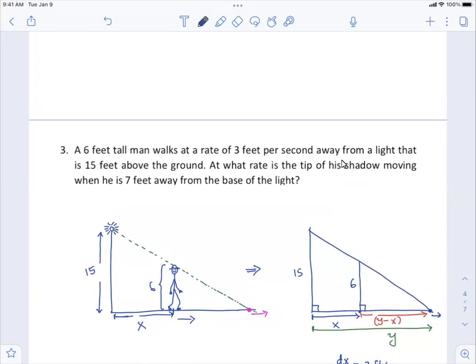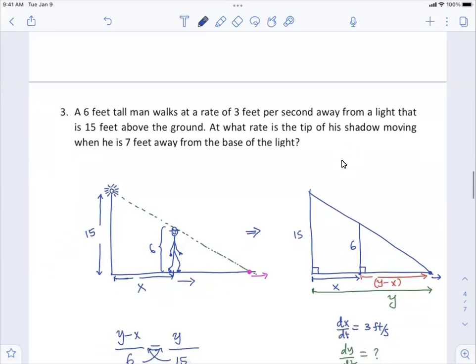Since the person is moving 3 feet per second, why shouldn't we have the same speed for the shadow? If you have the same suspicion, think about this scenario, or try it and see how it would work. When you walk away from a light, is your shadow moving at the same speed? All right, so let's figure it out.